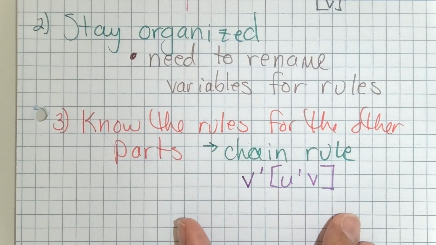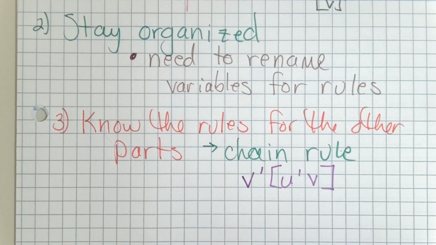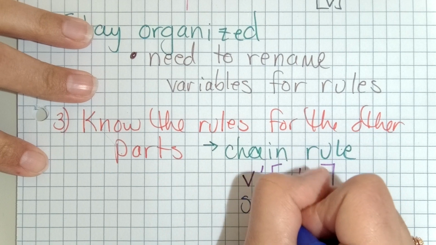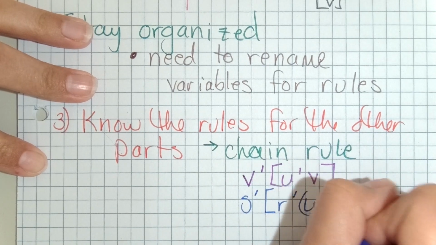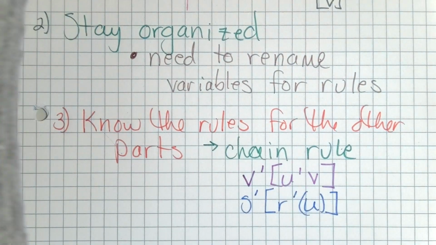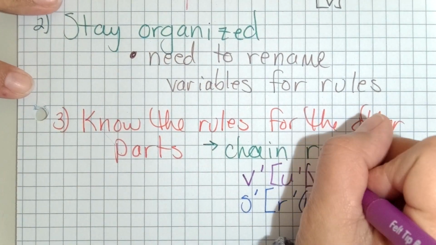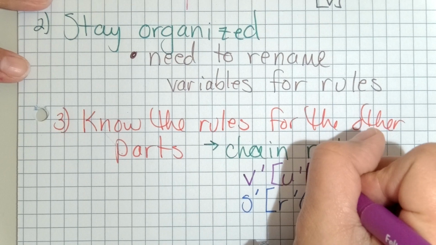So at this point, again, this is why you need to stay organized and or rename the other letters. So for example, I can use S prime, R prime, U. Either stay organized and or rename.